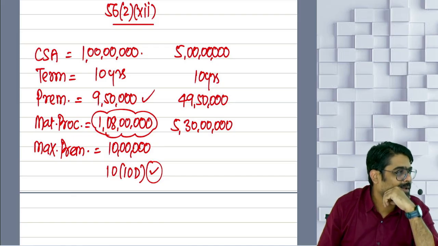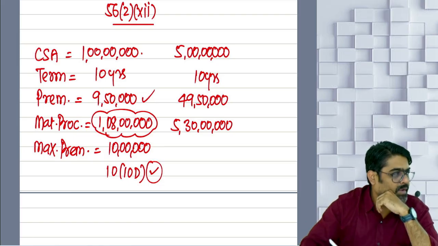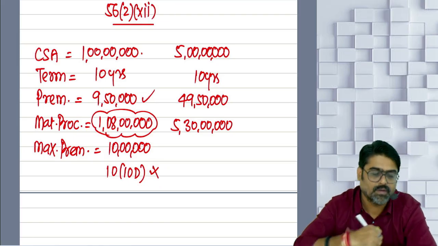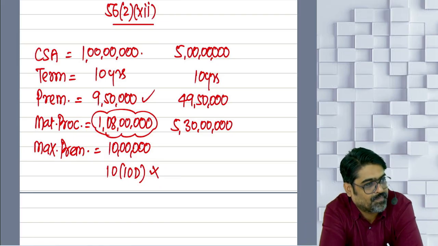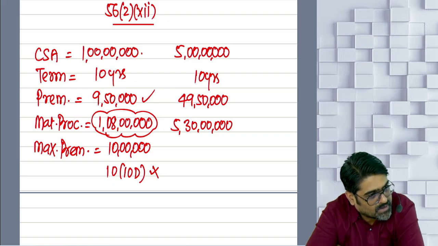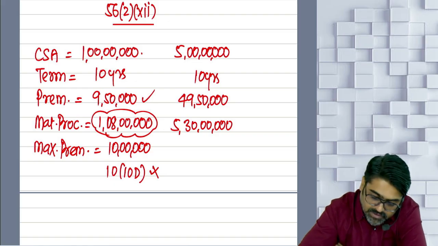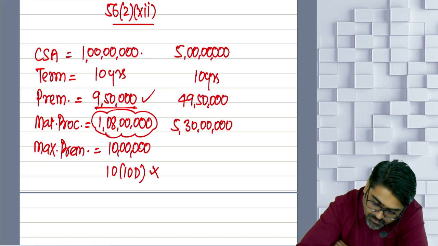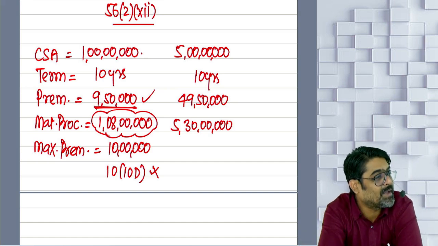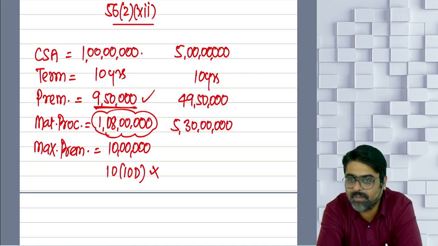Will not be exempt anymore. Because you are not going to get 10(10D) exemption for this policy. Why? Because even if the premium of the policy is within the limit of 10%, still since the amount is more than 5 lakhs, the maturity proceeds will not be exempt.